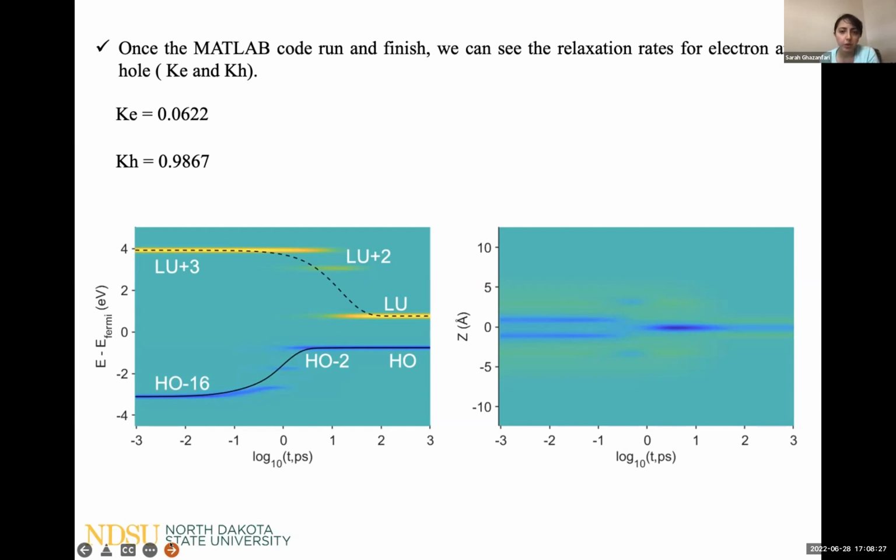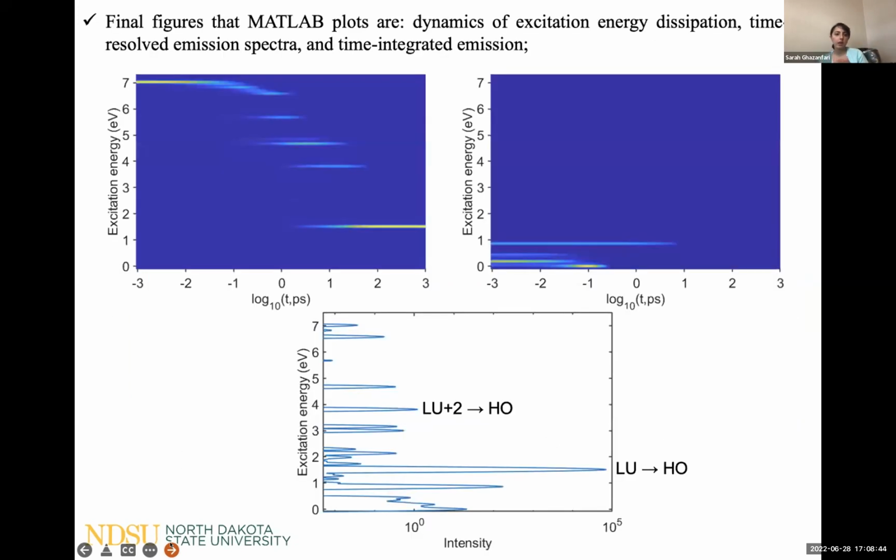Also, you can see the relaxation rate for the electron and holes. Electron is shown by the yellowish color, and the hole by the bluish or purplish color. The next and final pictures that MATLAB plots for us are these three panels.